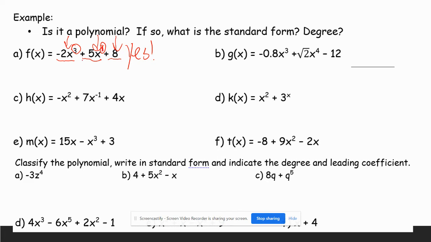So our exponents are third power, first power, and then no variable. 3 comes before 1 in terms of greatest to least, and so this is written in standard form already. Because this is already written in standard form, then we know that our highest exponent is 3, and that makes our degree the third degree.